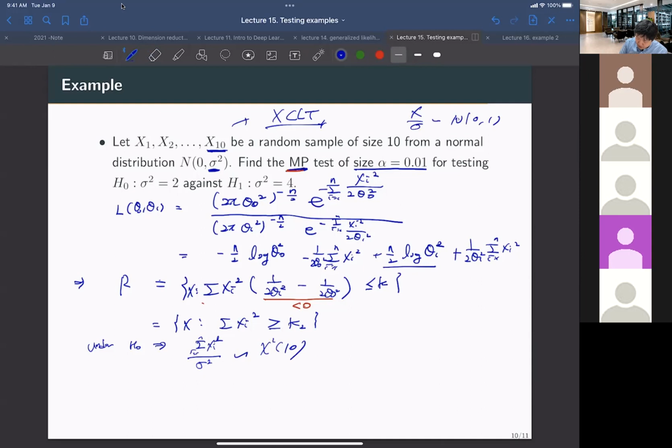So our rejection region will be the sum of xi square, i equals 1 to 10, over sigma square, which is 2, is greater than or equal to chi-square alpha 0.01.